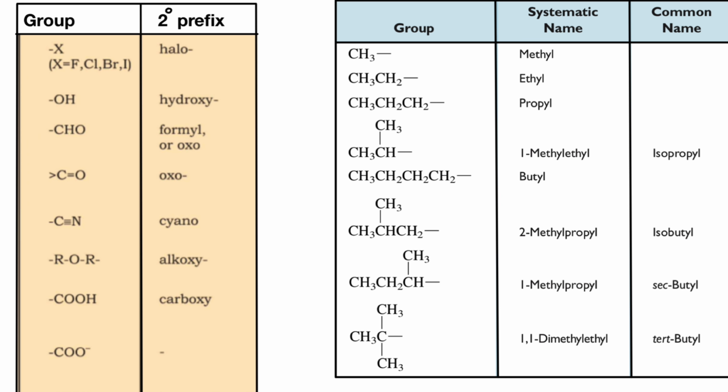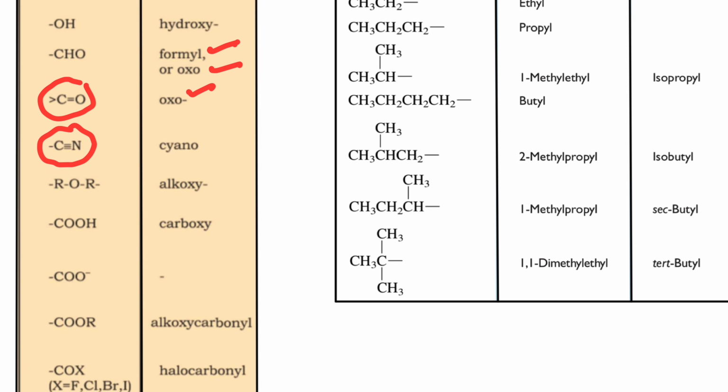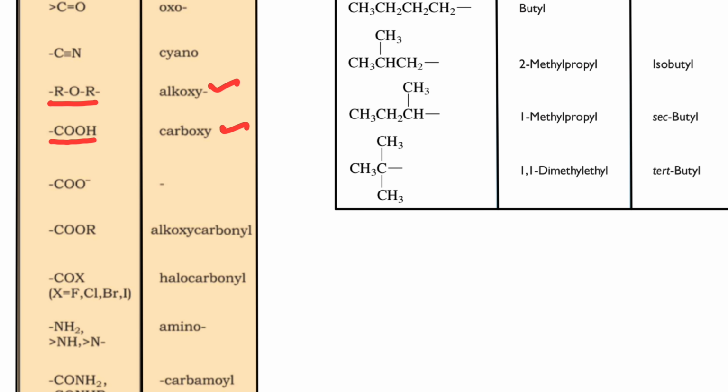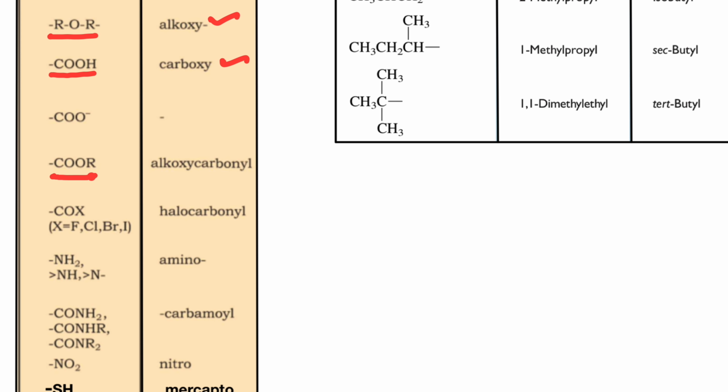What is the difference, we will discuss in IUPAC rules. For ketone it is oxo, for cyanide it is cyano.